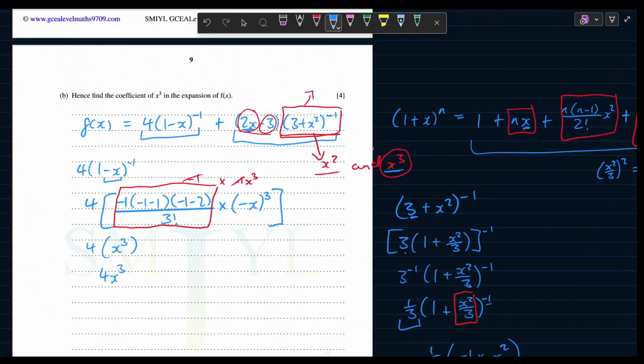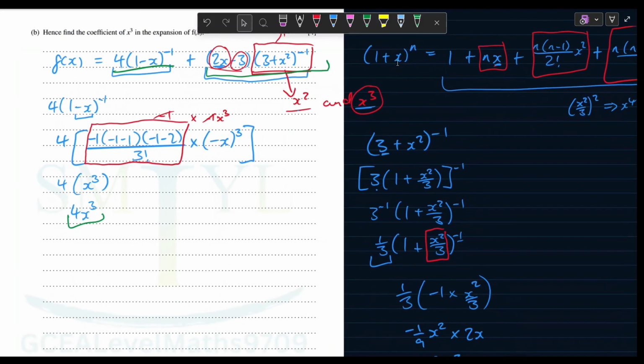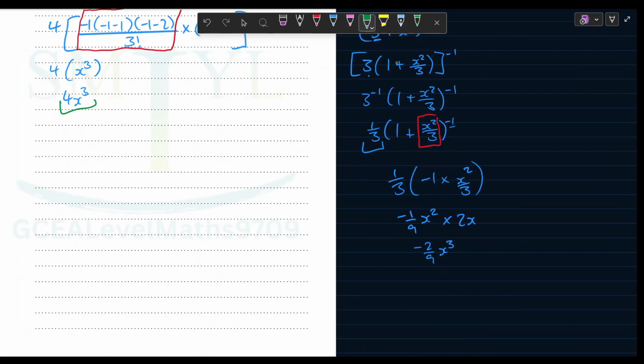So we now know that from the first bracket, our term in x cubed is 4x cubed. And from this second term, our term in x cubed is negative 2 over 9 x cubed. So let's just add those two together to give us the term in x cubed for f of x.